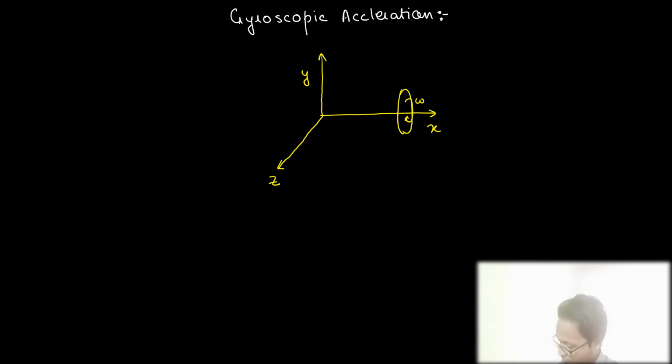What is the axial vector of this angular velocity? The axial vector of this angular velocity, if you use the right hand rule, is omega. Fair and fine. Now, along with this rotation, the wheel is also revolving around a circular orbit in the xz plane. So the wheel is also revolving around this circular orbit.